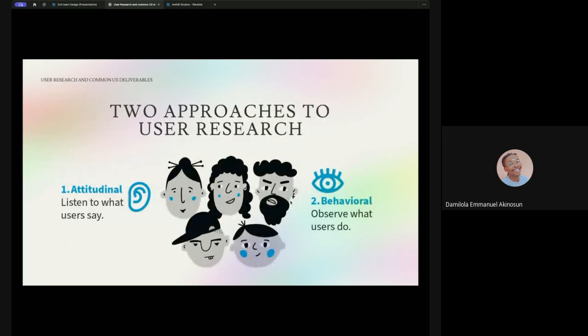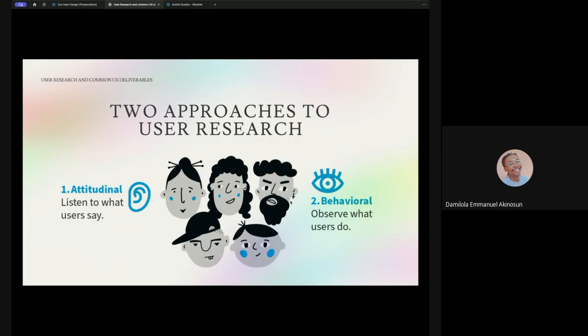Now let's move on. When you're thinking about user research, always keep it at the back of your mind that it comes in one of two forms. It's either attitudinal, like hearing what people say, or behavioral, observing what people do, right?